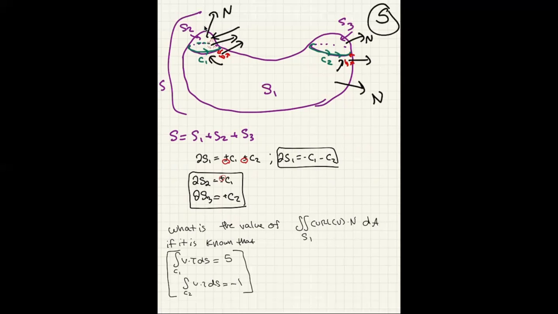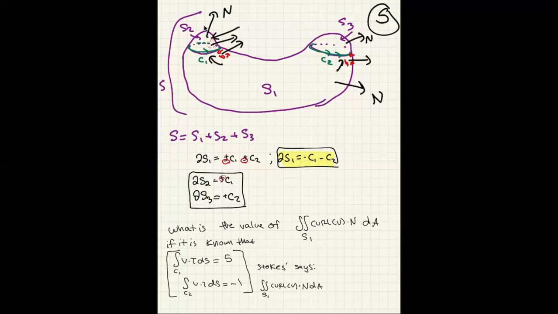Well, we're going to use this fact, I'll highlight it right here, that the boundary of S1 is a negative copy of C1 and a negative copy of C2. And so Stokes' theorem says that this double integral over S1 of this curl, and I haven't even told you v, by the way. v is just some vector field that is well defined everywhere.